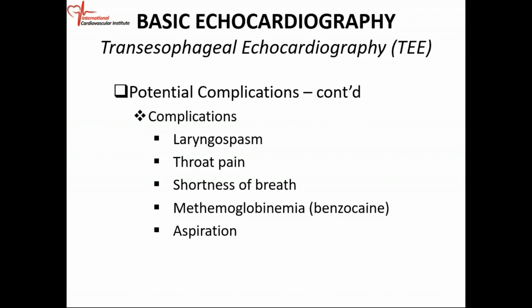So remember, hemoglobin contains iron, but the iron is Fe2+. When you give something like benzocaine, you oxidize the Fe2+ and you get Fe3+. The problem with Fe3+ is that when it binds the oxygen, it does not release it, it doesn't give up the oxygen.